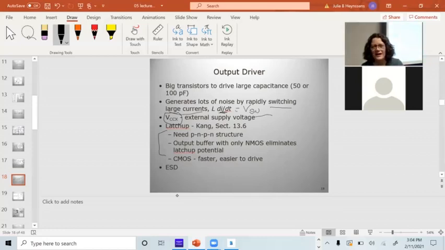Okay. ESD is an acronym for electrostatic discharge. When I want to be an ESD Nazi, I'm going to be an ESD Nazi.